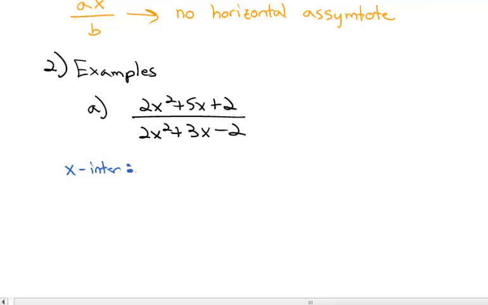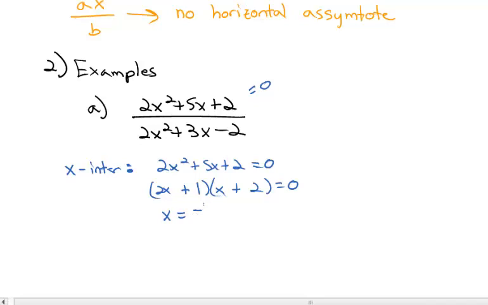Remember, to find an x-intercept, we make the numerator equal to 0. 2x squared plus 5x plus 2 equals 0. We can solve this one by factoring. It's 2x times x, 2 times 1, and they're both positive. So we can see really clearly that x is negative 1/2 and x is negative 2. These are the x-intercepts.